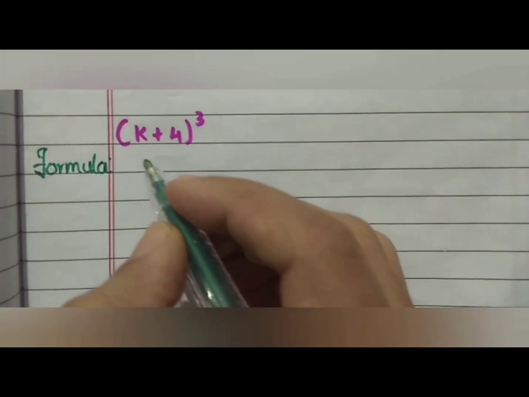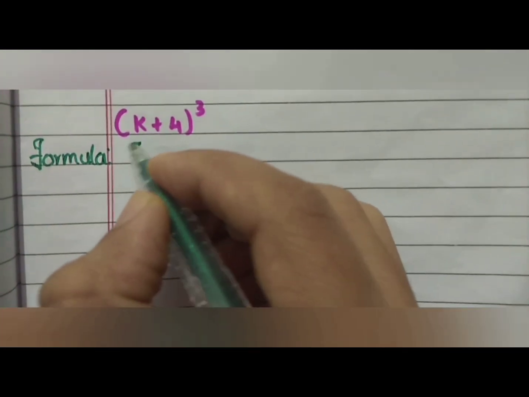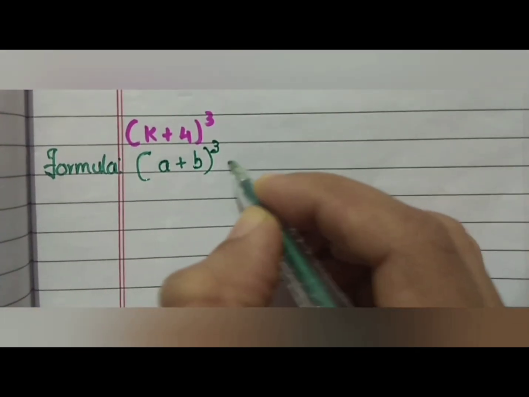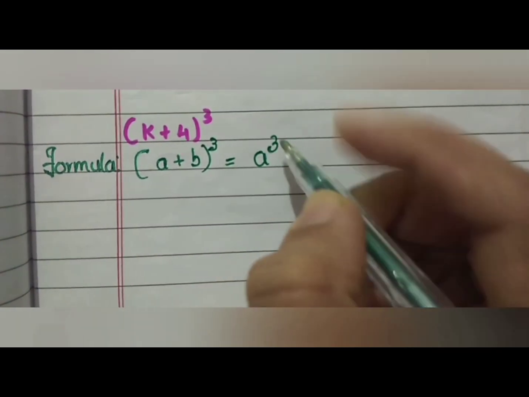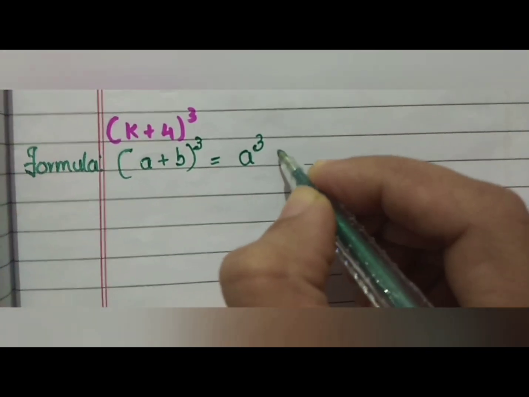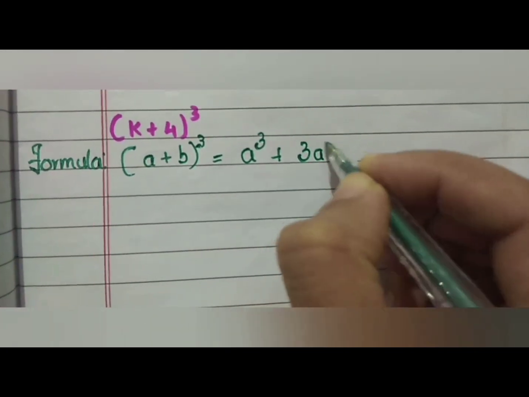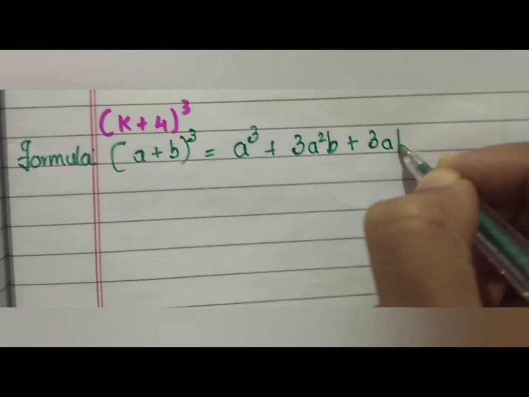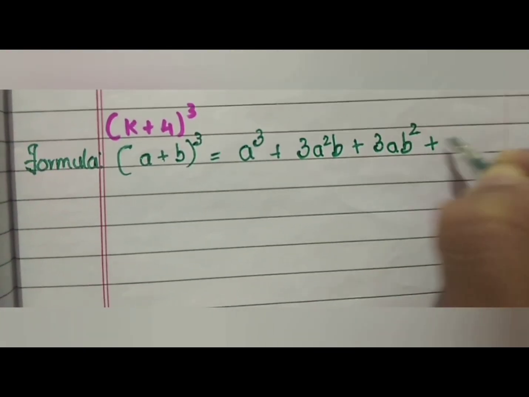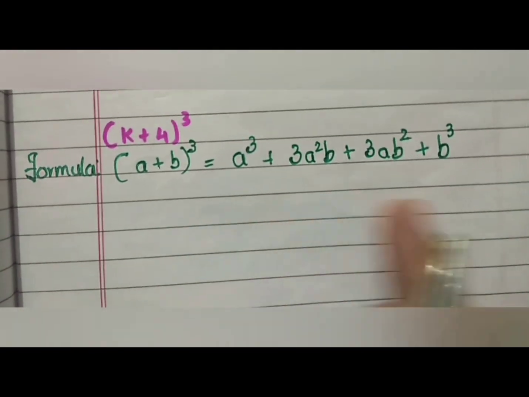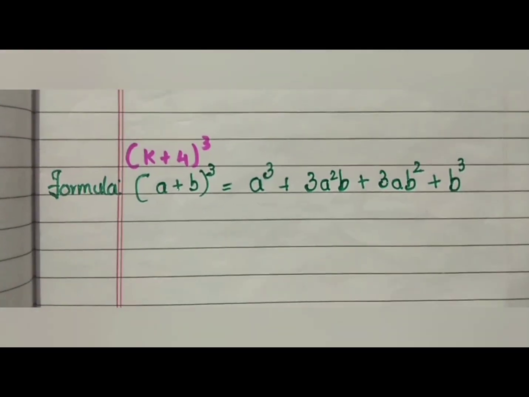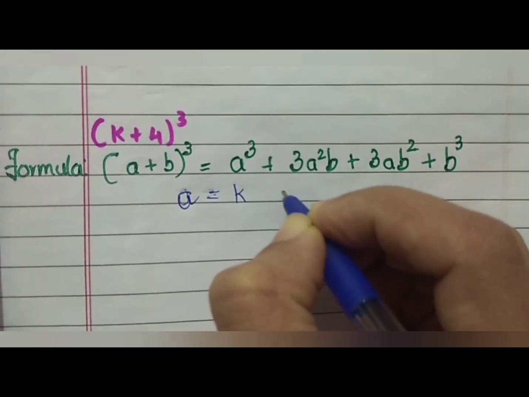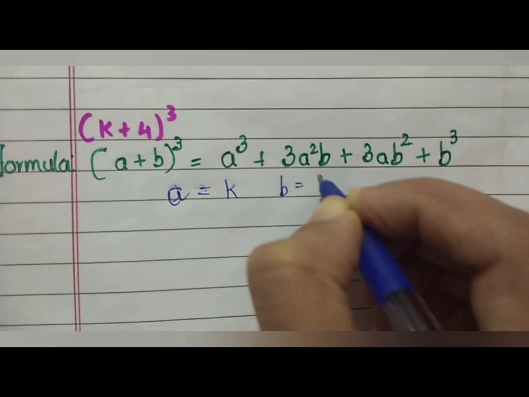So (a + b)³ is equal to a cube plus 3a²b plus 3ab² plus b³. This is the formula. In the given example, a is equal to k and b is equal to 4.